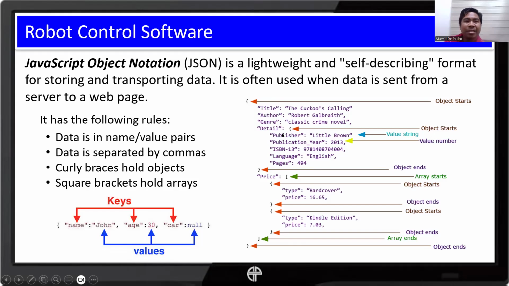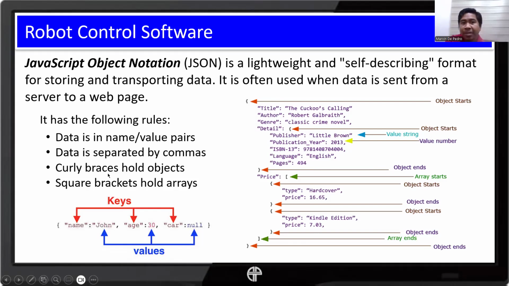This is more commonly termed as a dictionary in Python programming. And just observe, each of these are separated by commas. Same thing here. This one has a comma, comma, comma, and so on.